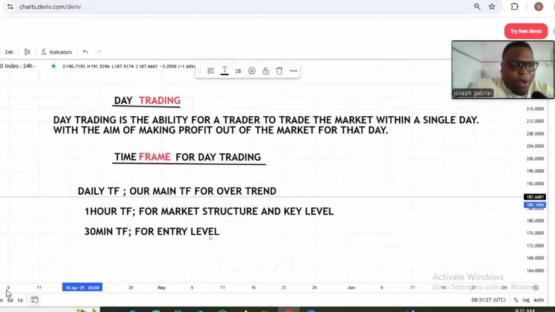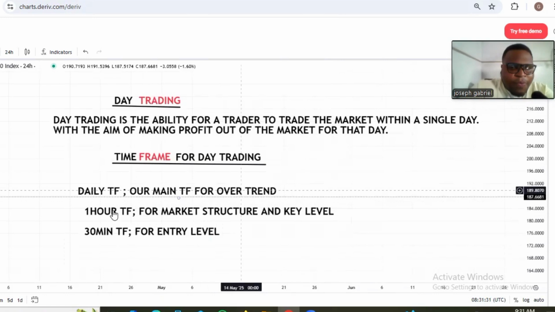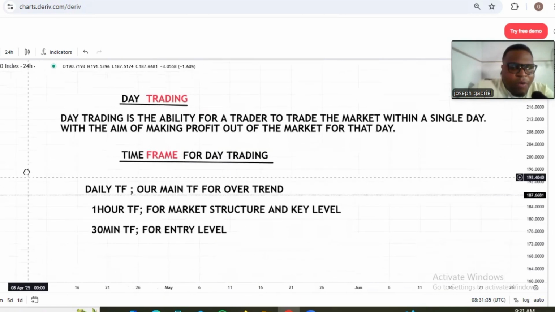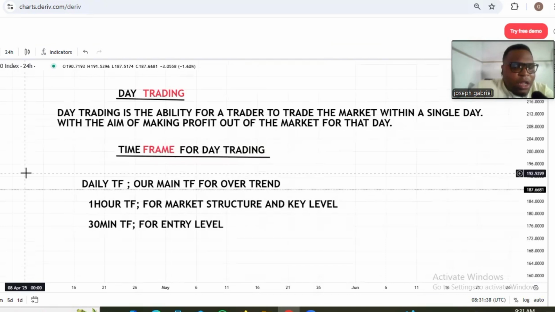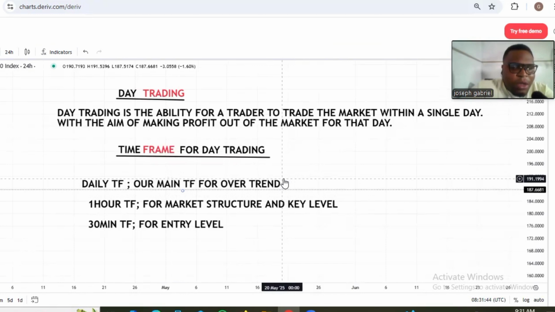Okay, now we move to the daily time frame here, our main time frame for overall trend. We are looking at the overall trend on the daily time frame, so what we are looking at on this time frame is the general trend. The thing that should come to your mind as a day trader is to always analyze from the higher time frame.